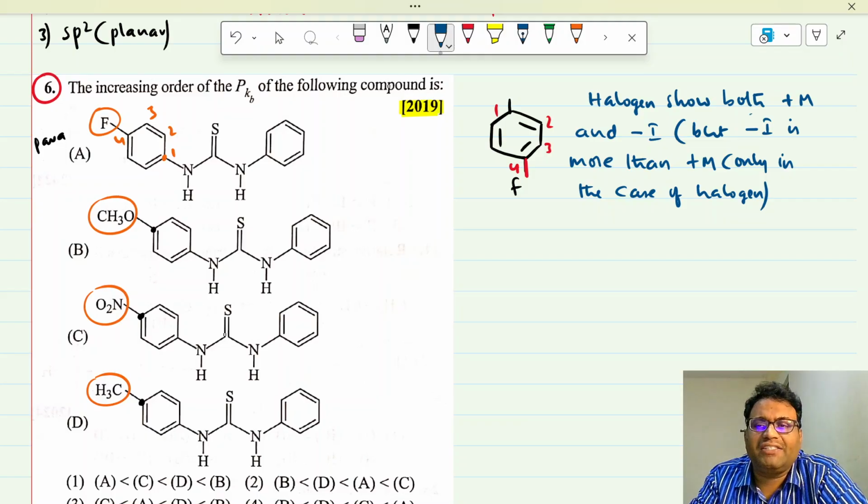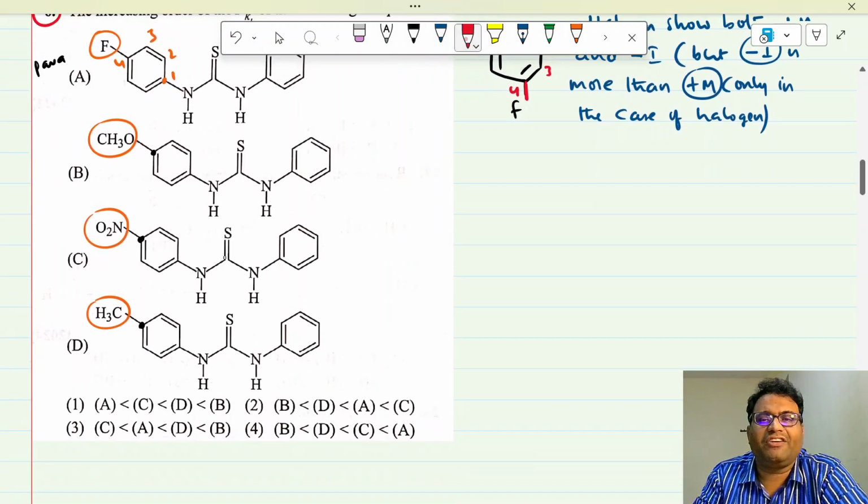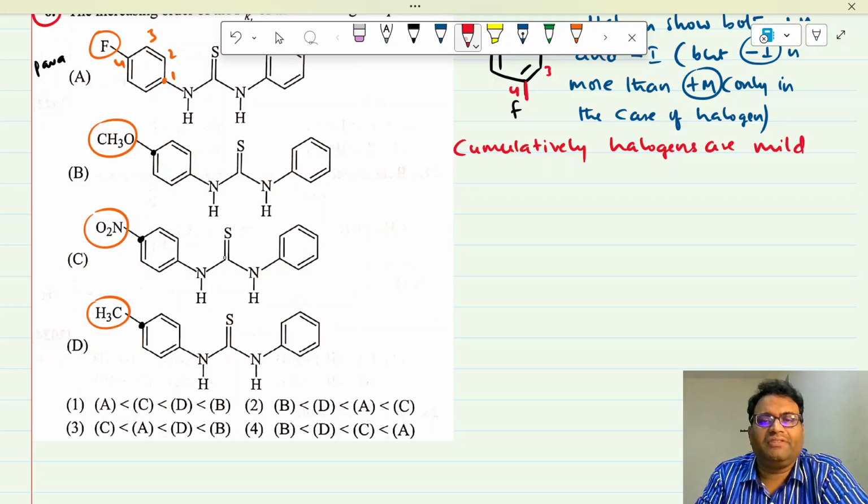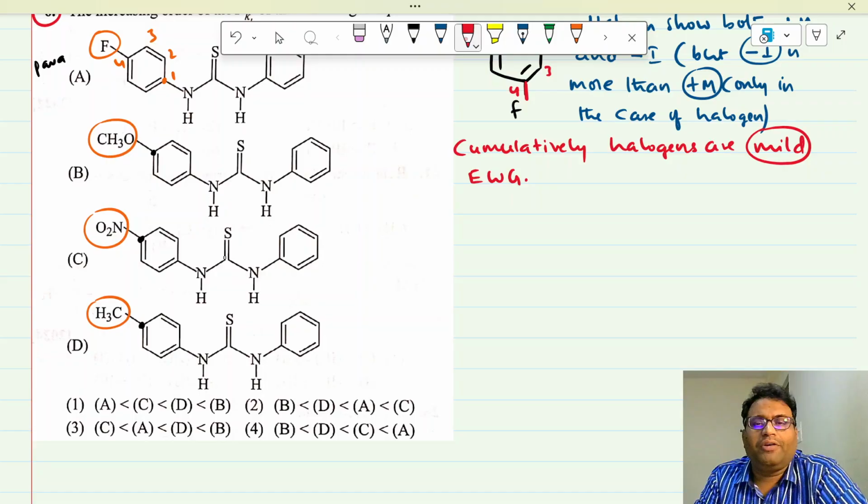As minus I, the electron withdrawing tendency, is greater than plus M, the electron donating tendency, cumulatively we take halogens as mild electron withdrawing groups. What is this, sir?